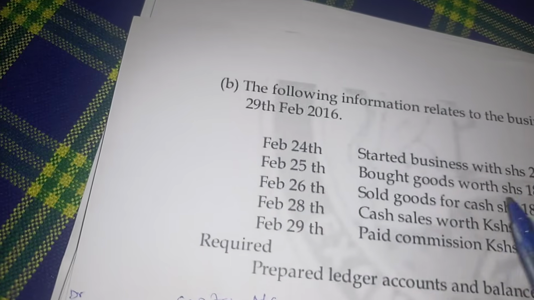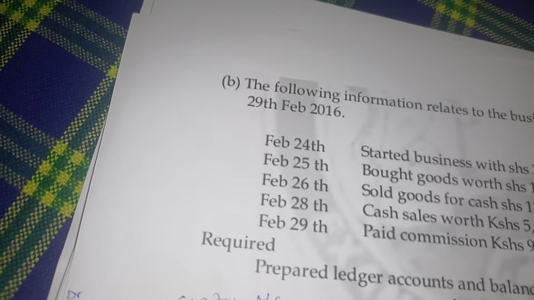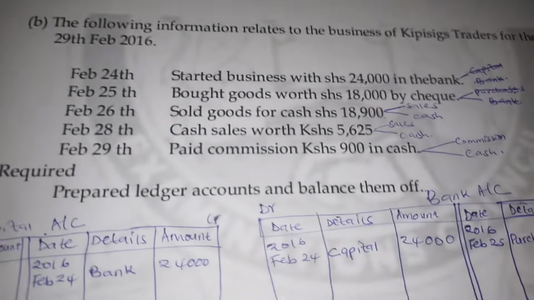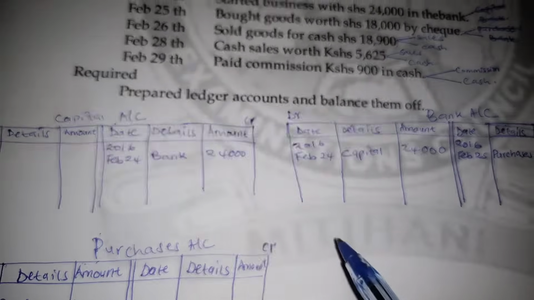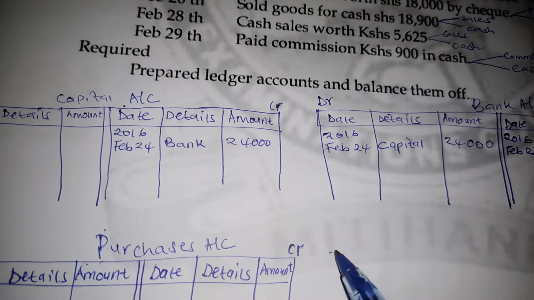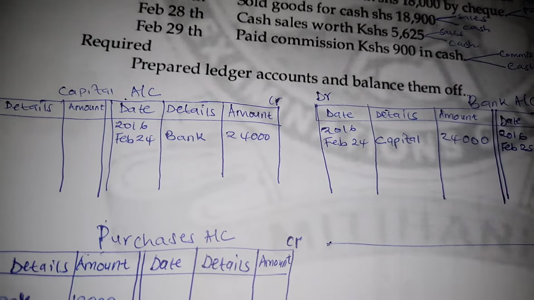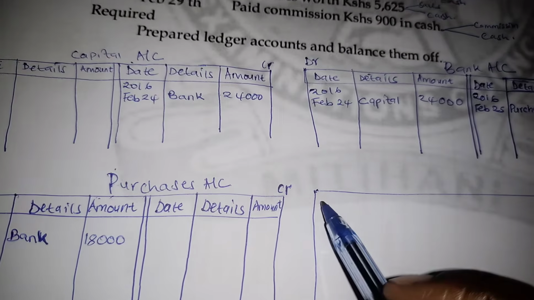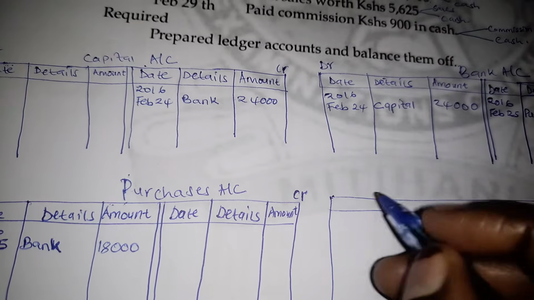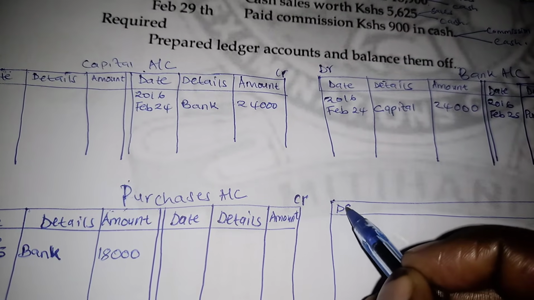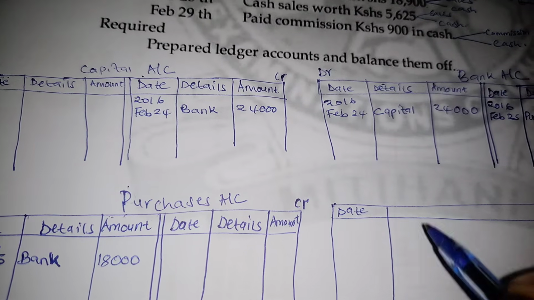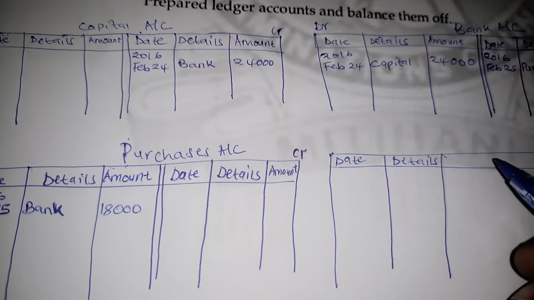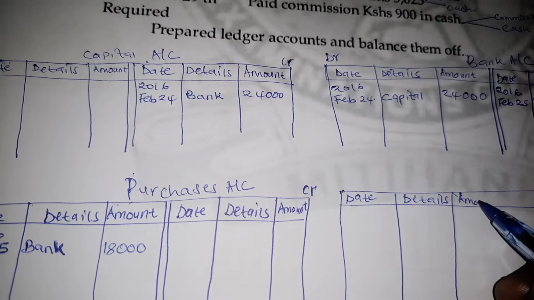Next, we have the 26th: sold goods for cash, 18,900. Do we have a cash account? No. So you're going to open an account for cash. Where we have date, details, amount.